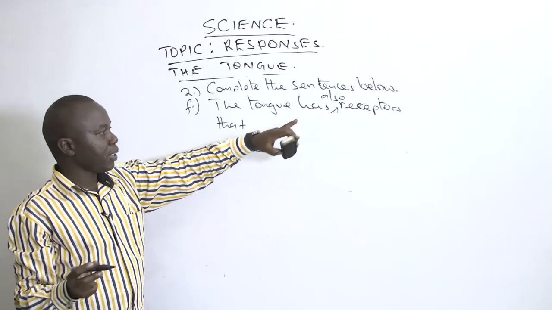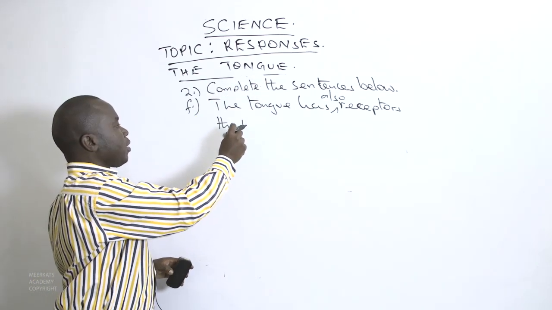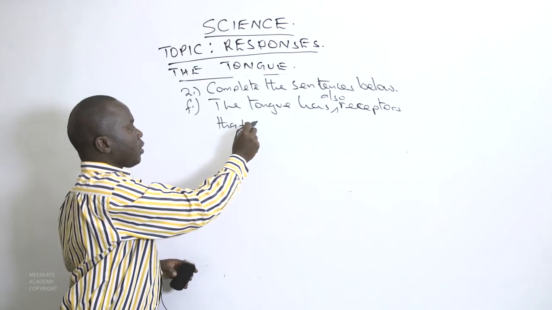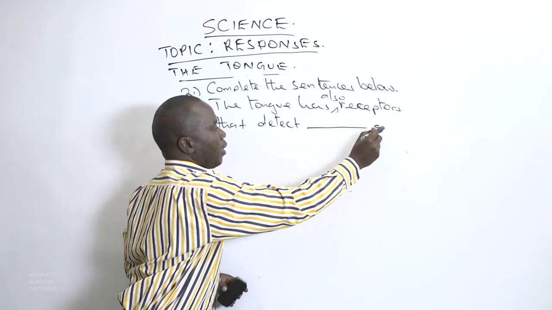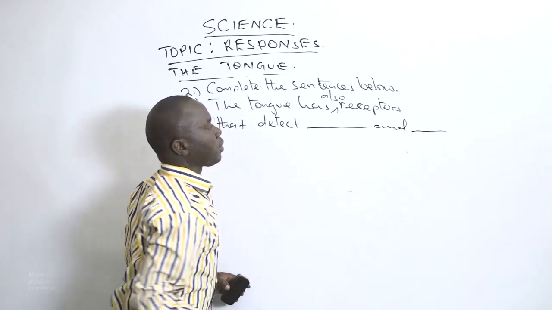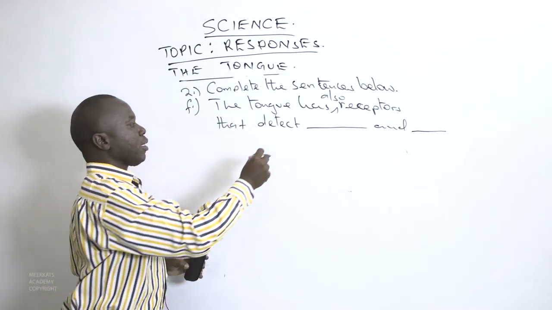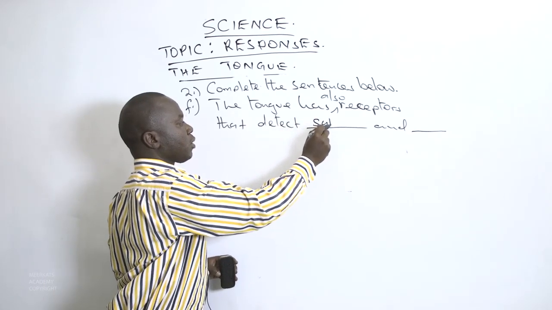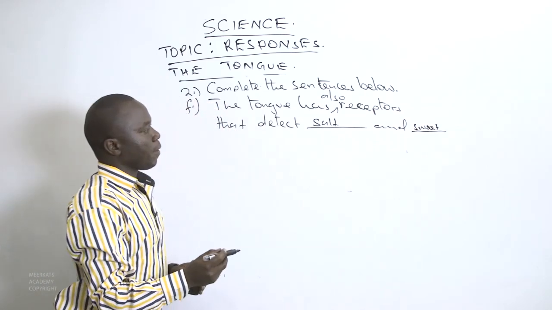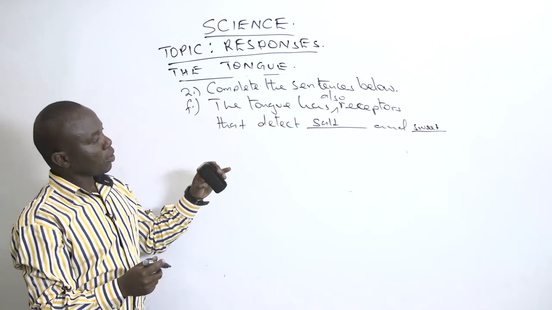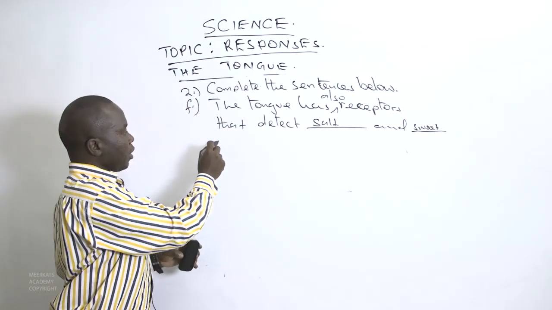We have mentioned some tastes above. Also receptors that detect dash and dash. We have mentioned bitter, so the remaining is going to be salt, sweet. So we have bitter, salt, sweet, and even sour.